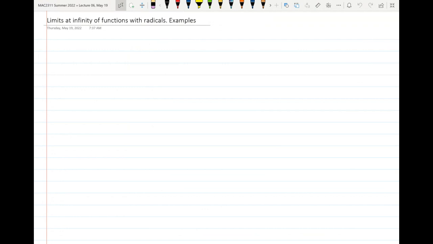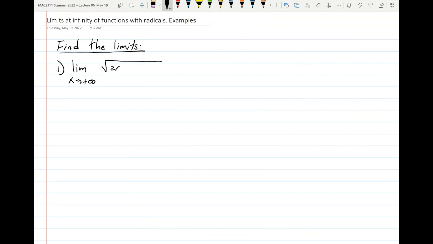So let me do a couple more examples before I move to another topic. Find the limits. Let me write here the problems that I want to discuss. Let's say that we do the limit as x approaches positive infinity of the square root of 2x squared plus 3x minus 5, over 7x plus 1.